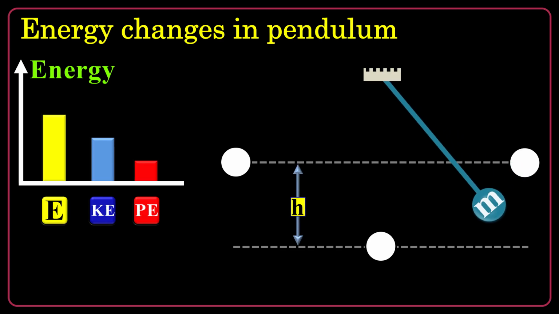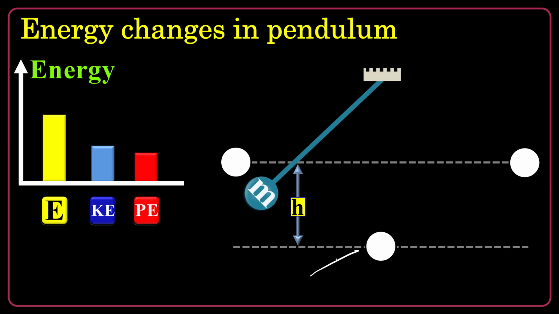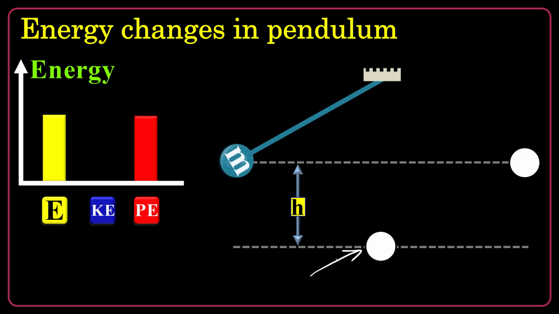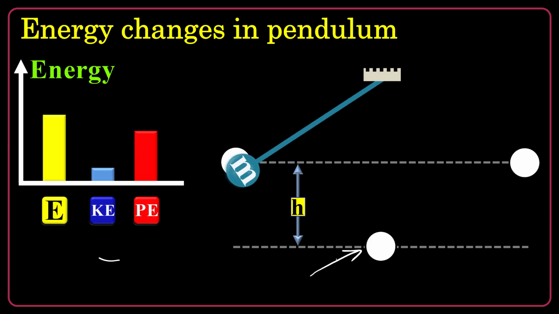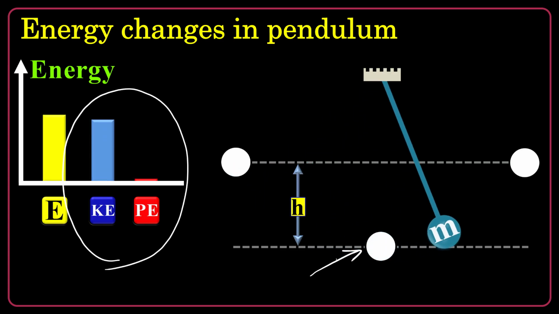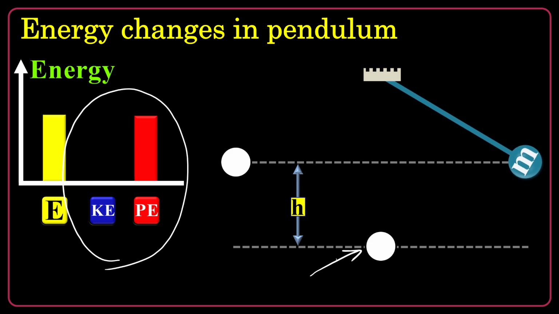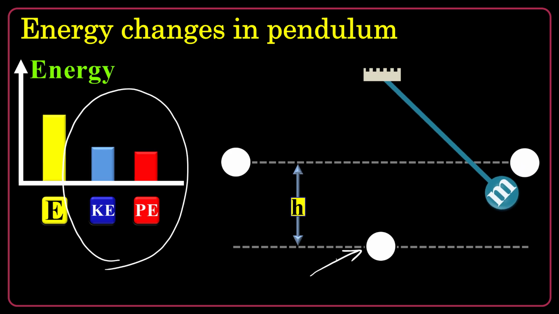Let's say the maximum height of the bob relative to the ground state, here is the ground state, is h. As you see, potential energy and kinetic energy are continuously converting to each other, but they add up to E because we ignore frictional forces for the time being.